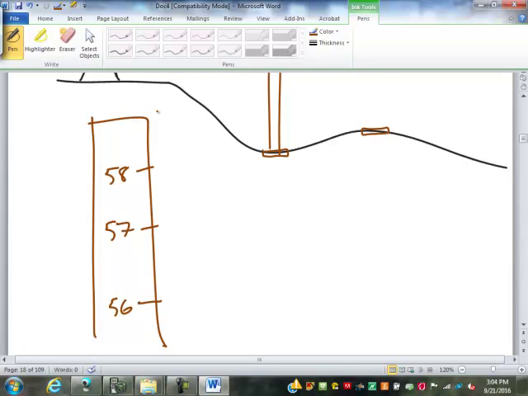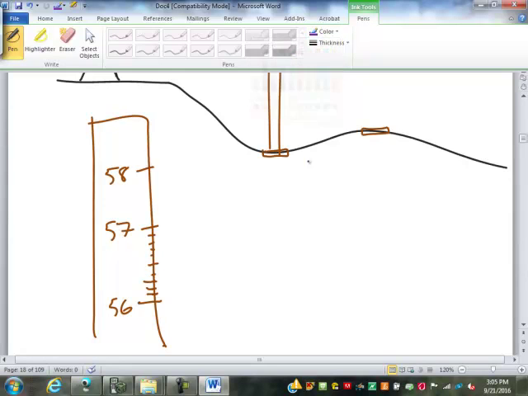Now it can be labeled in a couple of different types. It can be labeled like this in inches, and generally between the inches it is done in tenths. So you get 56.1, 56.2, 56.3, and so on going up. Or it can be labeled in feet, and between the feet it's divided up in tenths and hundredths. And we'll show you that in just a minute.